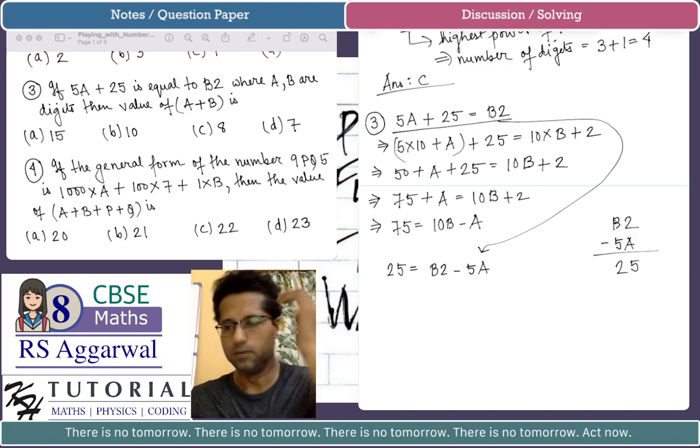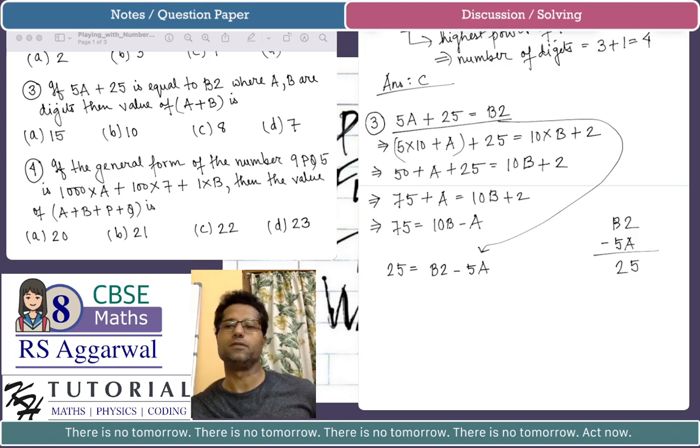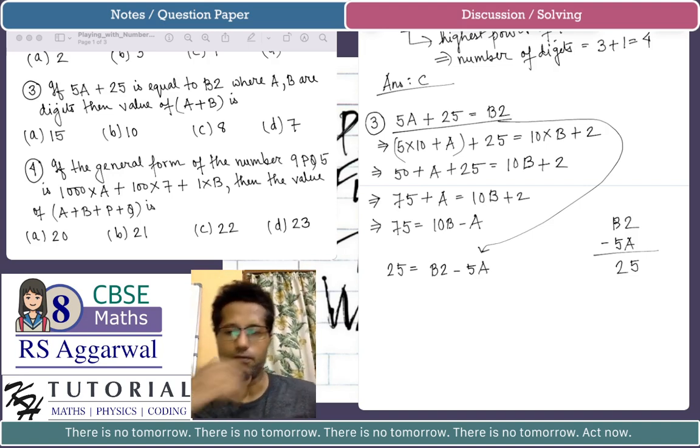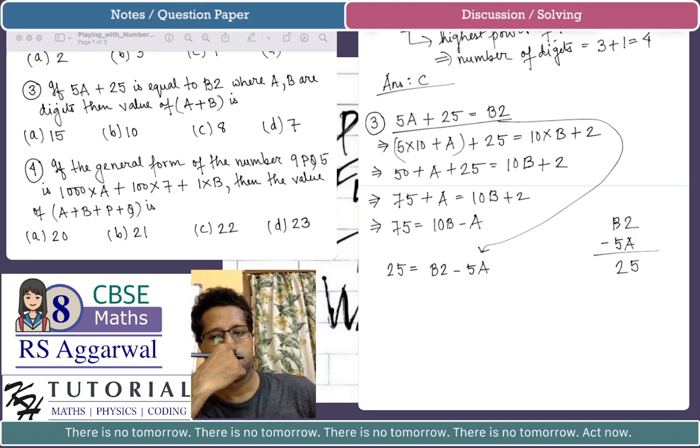Now we are having the result 25. Definitely A is greater than 2.